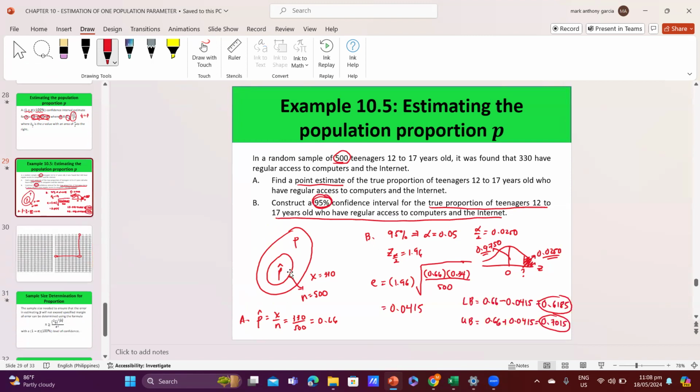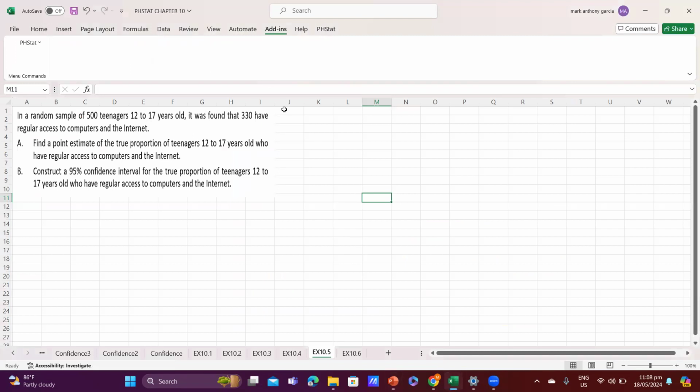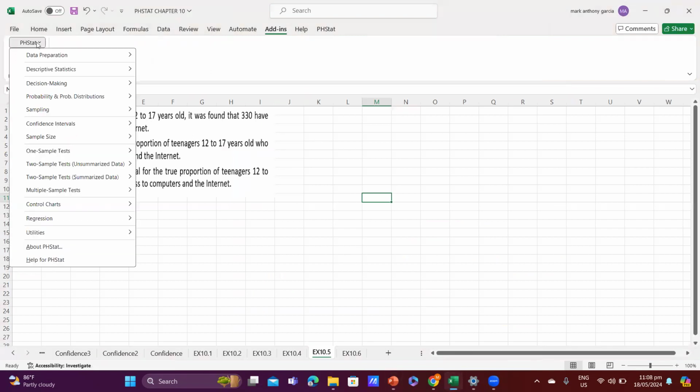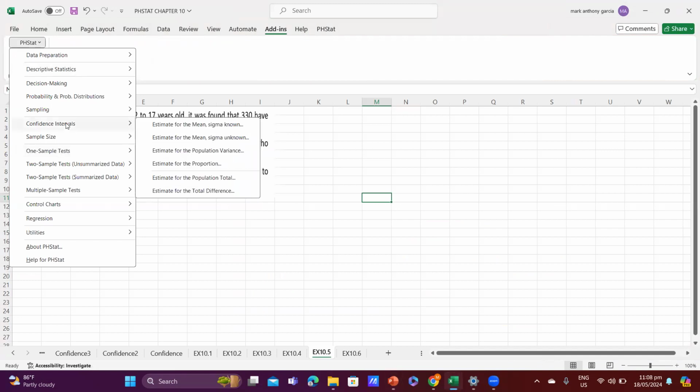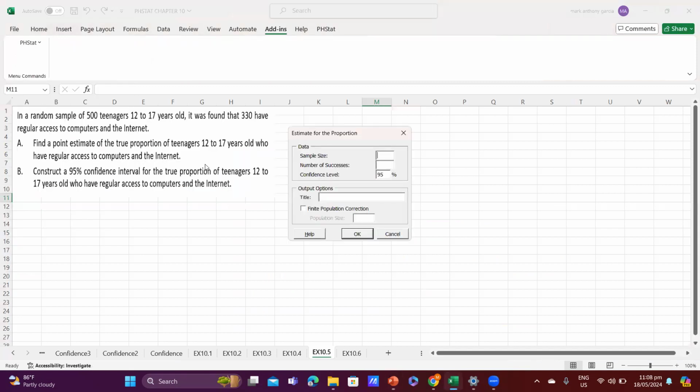Now, we can also compute this confidence interval estimate using PHStat. So in the add-ins option, we click PHStat and then go to confidence intervals, and then we choose estimate for the proportion.